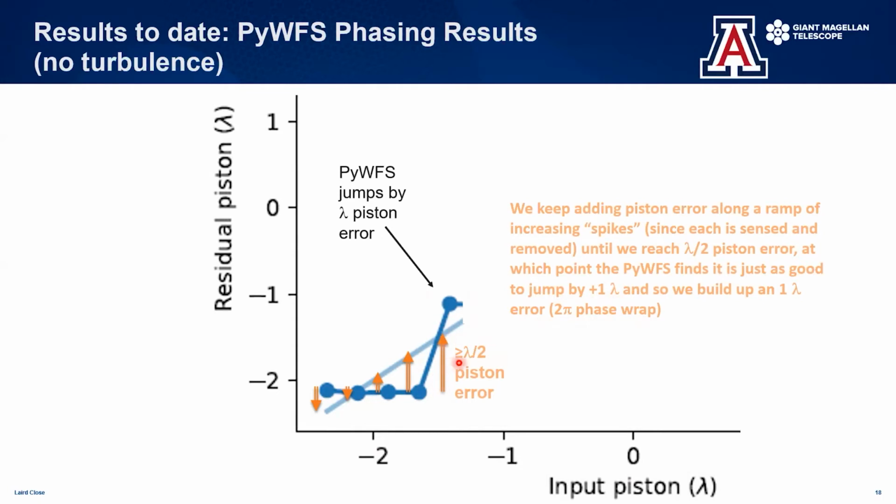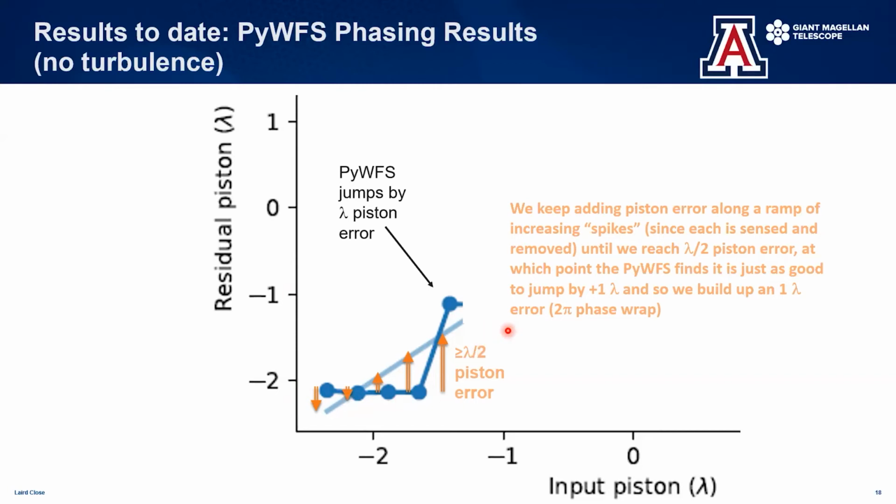But once we actually get to an error that's greater than half a wavelength, then the sensor actually flips by 2 pi, because cos theta is the same as cos theta plus 2 pi mathematically. The wavefront sensor is more or less working at an average wavelength of 850 nanometers, and therefore it can't really differentiate between whether I want to be up here or down here.